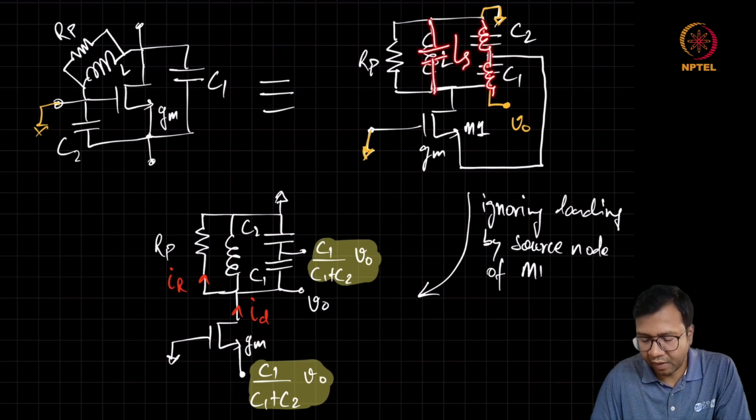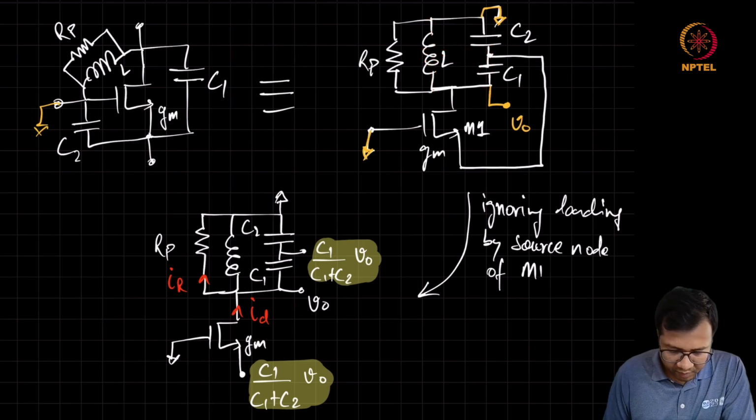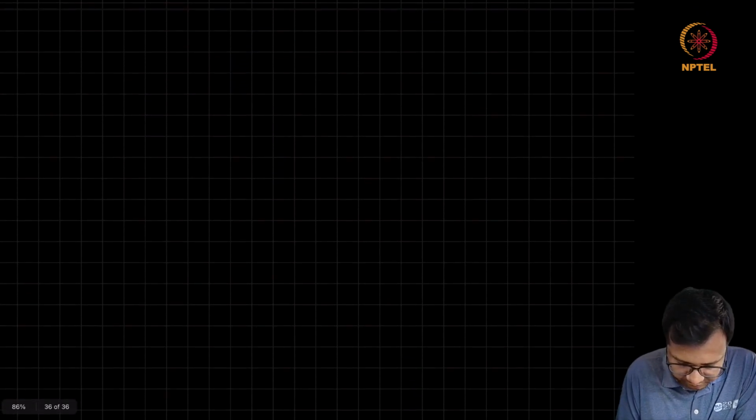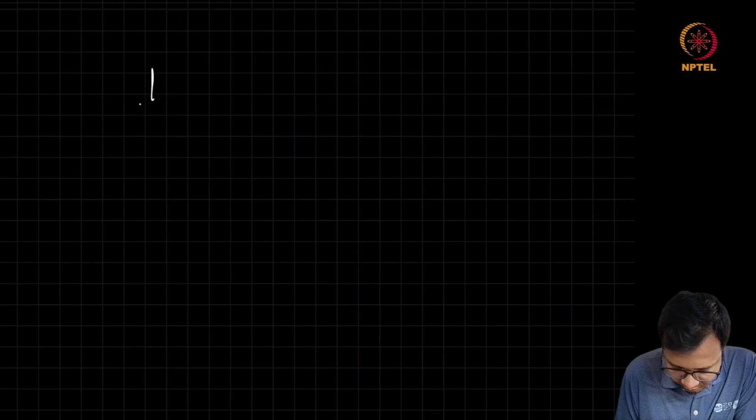Capacitance will tune out any effective inductance coming out of this inductive divider. So if we do that modification, then the circuit will look like this.